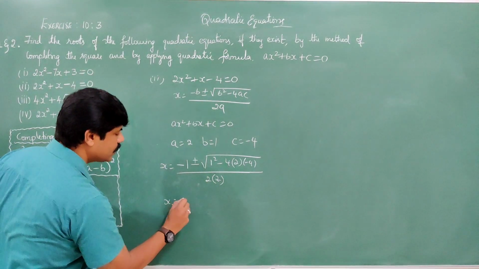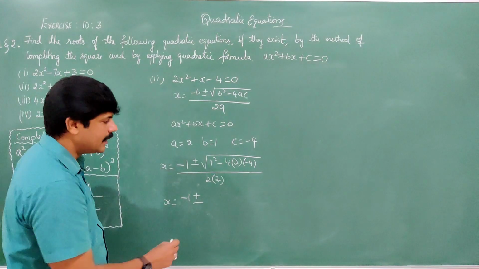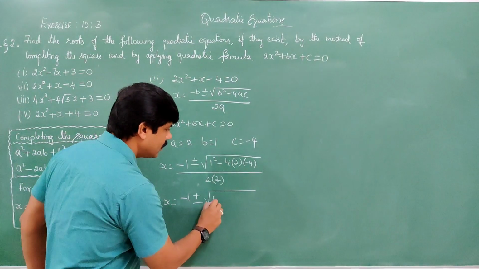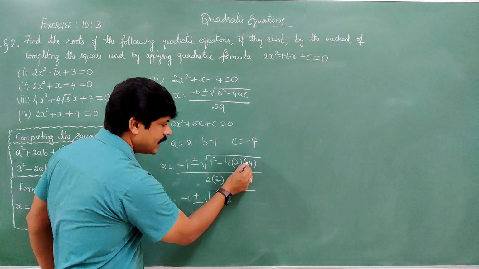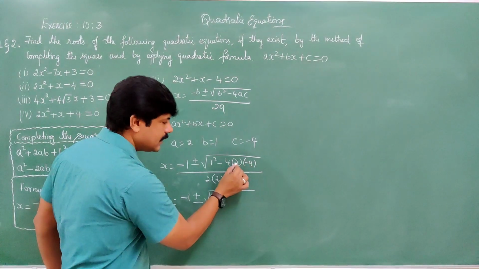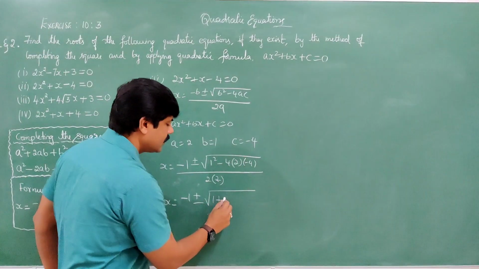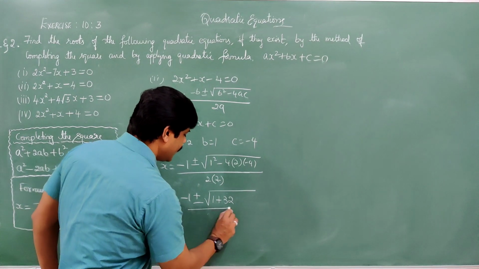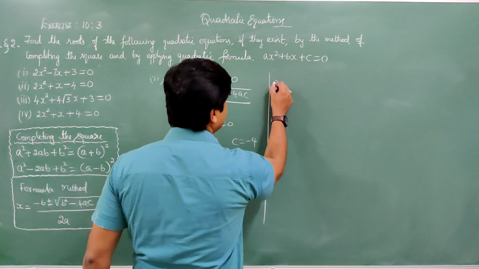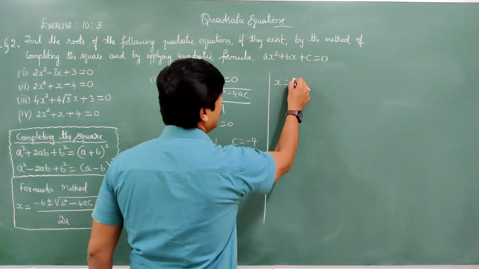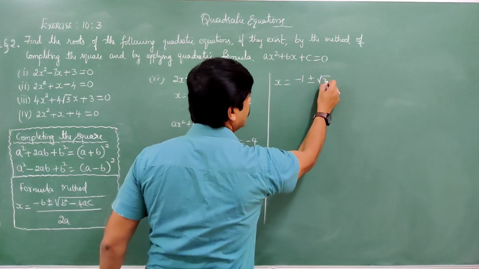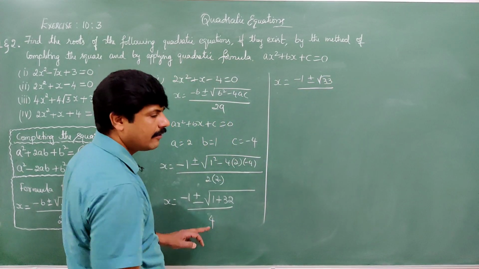Now x = minus 1 plus or minus the square root of 1, minus into minus is plus, 4 times 2 is 8, 8 times 4 is 32, so 1 + 32, by 4. Now x = (minus 1 plus or minus root 33) by 4.